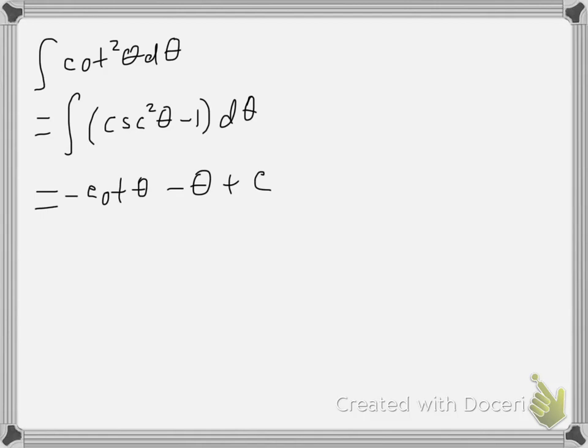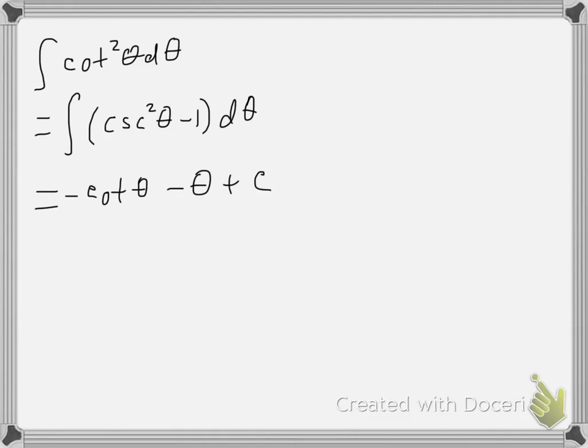Now since this is an indefinite integral, we must return to the original variable x. This can be done either by using trigonometric identities to express the cotangent of theta in terms of the sine of theta, which is equal to x over 3, or by drawing a diagram where theta is interpreted as an angle of a right triangle.